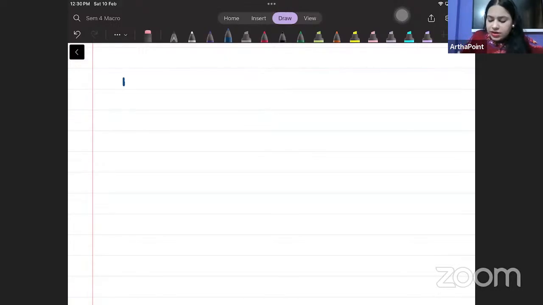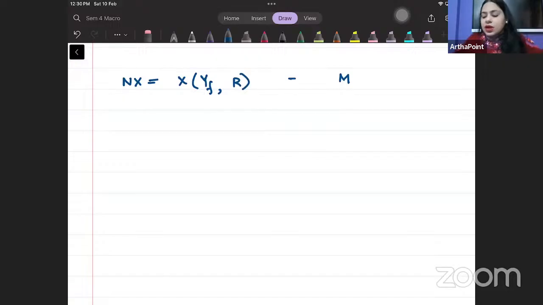Then I told you, look, net exports are exports minus imports. Exports are a function of foreign income and exchange rate, and imports are a function of domestic income and exchange rate. We said that when foreign income increases, exports will increase.